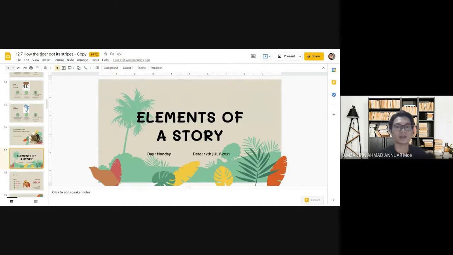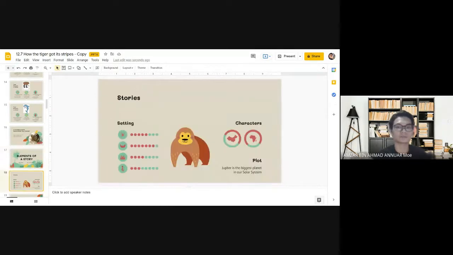Okay, now we go to the next one. Now, the 3 main elements of a story are the setting, the characters, and the plot. Now, what are these 3? These 3 will make up a story.